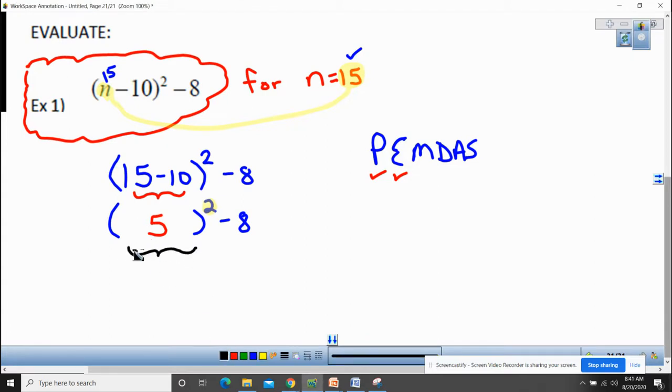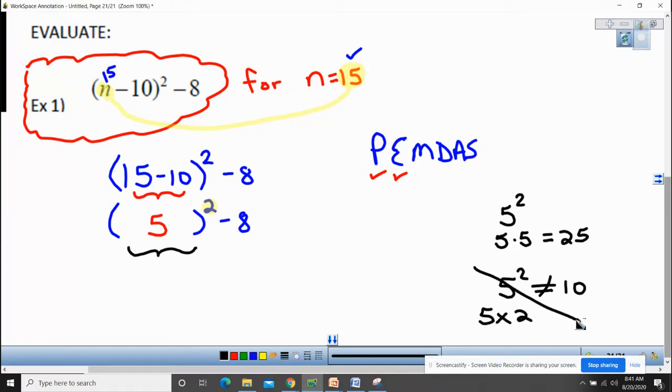Again, we're working from the left to the right. 5 squared is not 10. 5 squared means 5 times 5 equals 25. When I'm working off here on the side and you don't have that in your notes, I'm just trying to make sure you're not making a mistake. 5 squared does not equal 10. 5 squared does not mean 5 times 2.